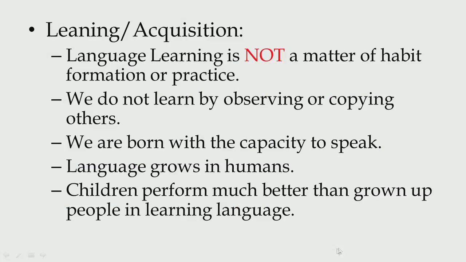We are talking about spoken language. We are talking about learning to speak, and that is automatic, that is innate, that is natural. So therefore, at this stage we are not making a distinction between learning and acquisition. So therefore, we call learning acquisition as well, and we use the two terms interchangeably.